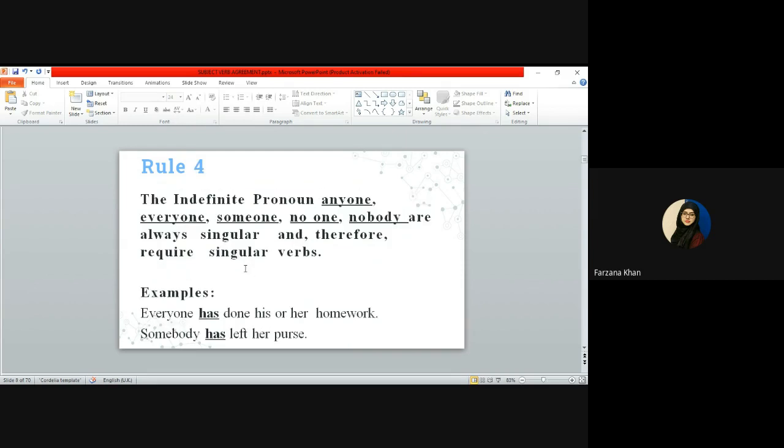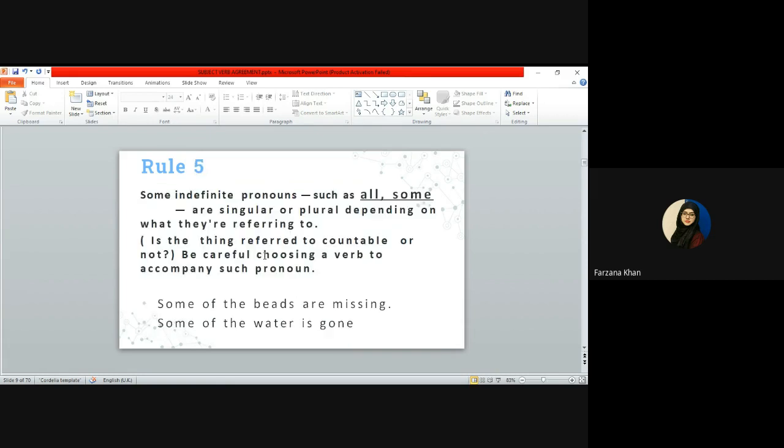First, rule number 4: everyone, anyone, someone, nobody, and no one, they always require a singular verb. But for two indefinite pronouns, all and some, you will determine the verb according to the noun which they are referring to.